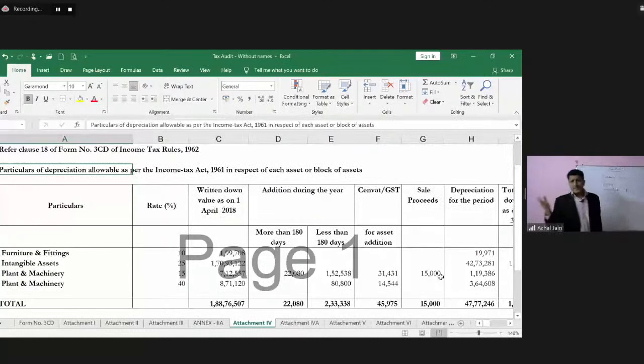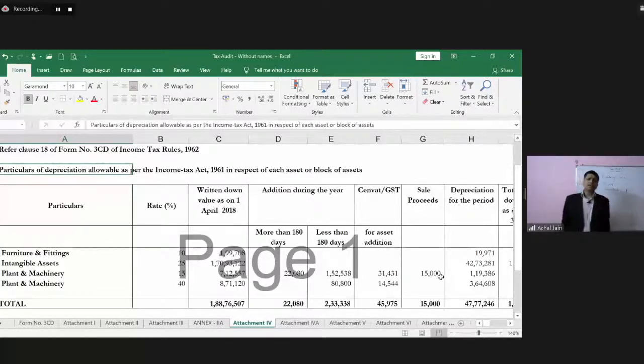It will run into many pages, maybe 30 to 40 pages, or at times 60 to 70 pages. That's why it may take a lot of time to put this information on the portal also. And that's why one area which is more clerical in nature in this part is checking the arithmetical accuracy of all of these items.